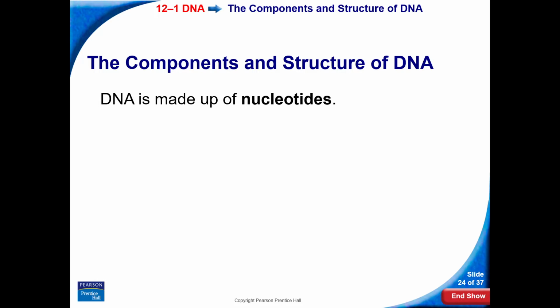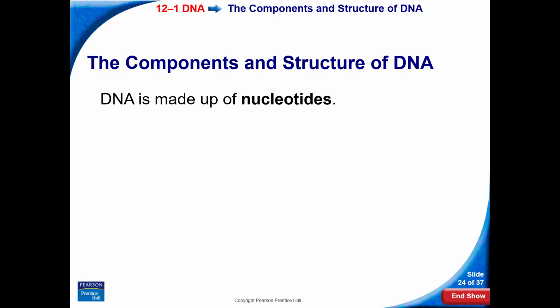DNA is going to be made up of individual units called nucleotides. Now, if you remember back in chapter 2, we talked about organic molecules and how they were polymers, and how each of the polymers were made up of monomers, which were individual units put together like Legos to make one big structure. And that's how DNA is. DNA is one of the 4 major organic molecules that we studied in chapter 2.